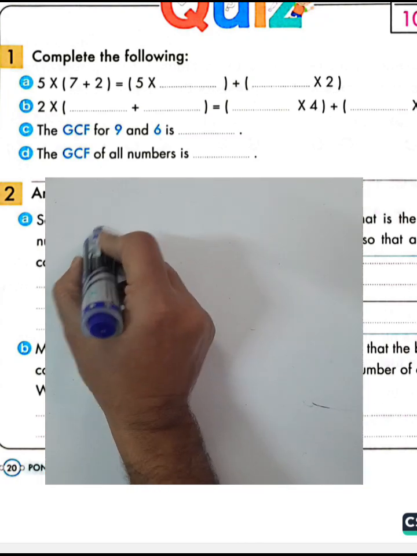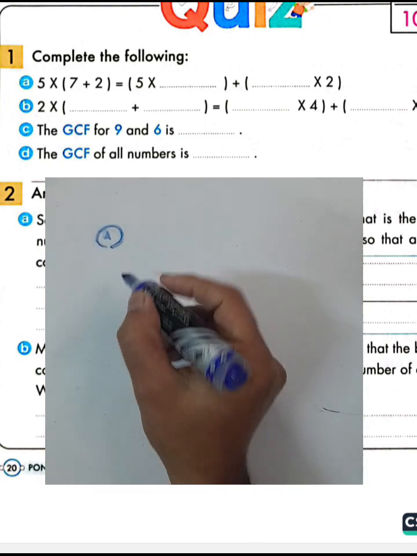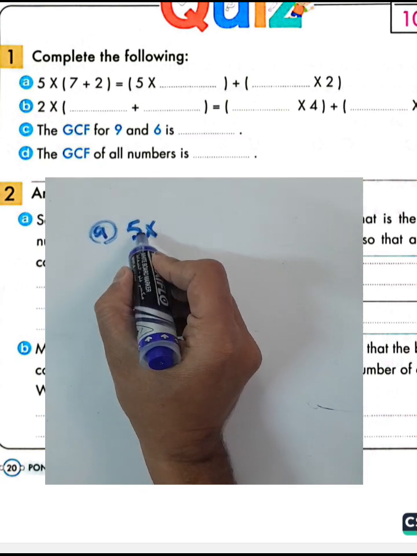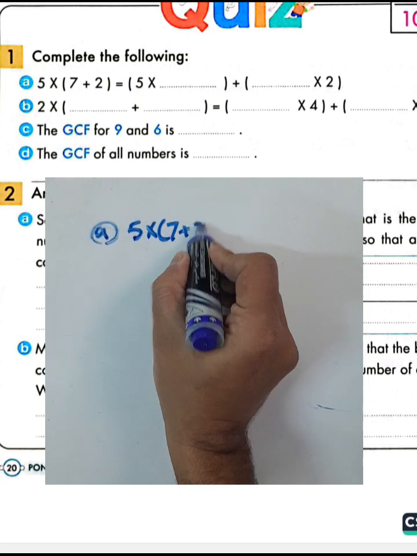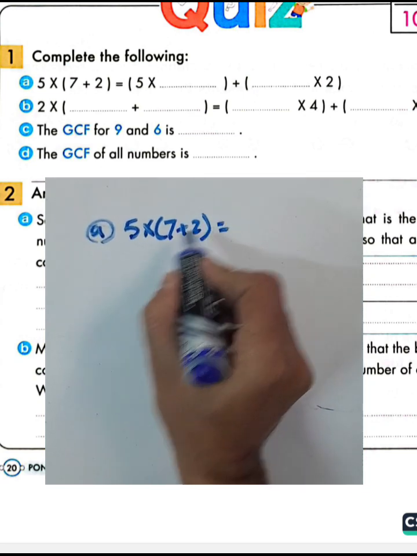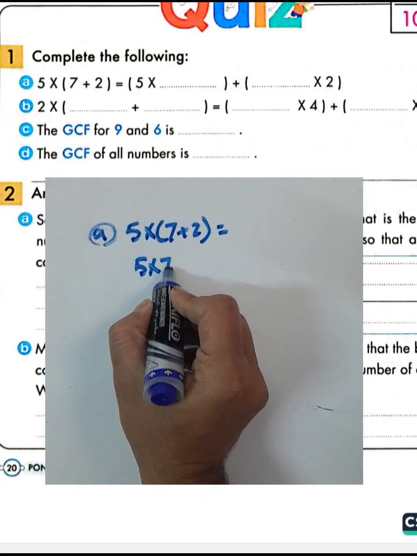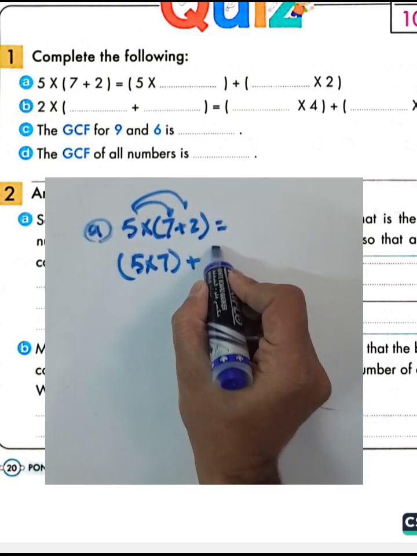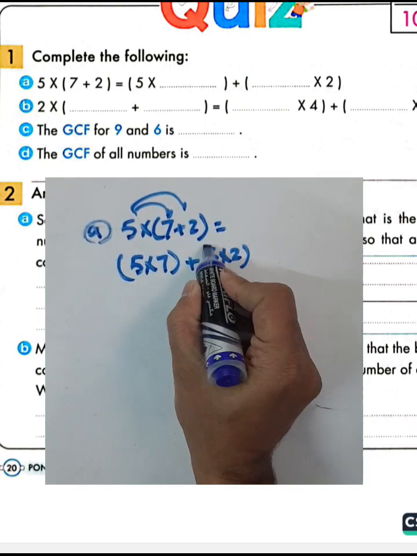Page 20 from the main book, grade 6. Pay attention with me about question number 1, letter A, complete. In this example, he used distributive properties: 5 multiplied by 7 plus 2 will be 5 multiplied by 7 plus 5 multiplied by 2.